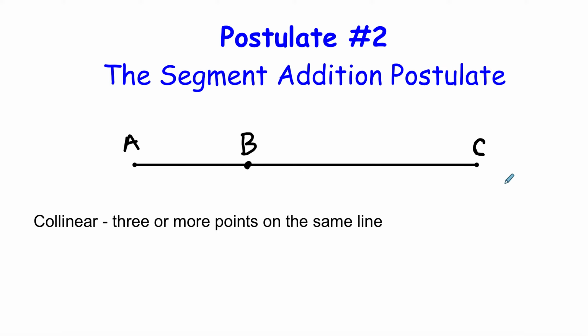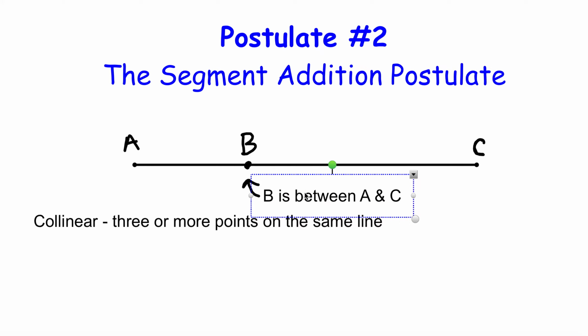If I have 3 points on a line, and they're all on the same line, then there is no way that I cannot have 1 point in between the others. And obviously, we say B here is between A and C. So the language we would use is point B is between A and C, and there's no way for that not to happen if there are collinear points.